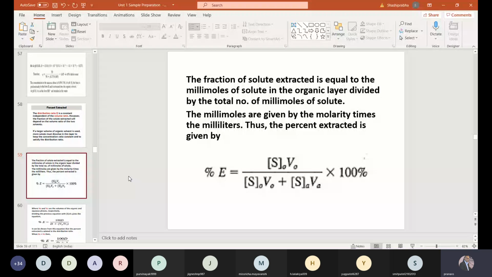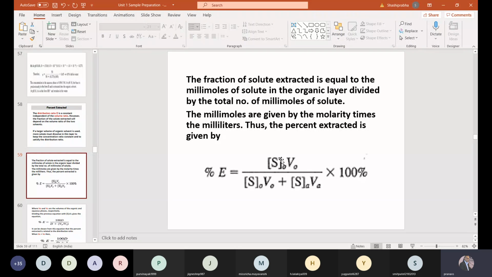And to find this, the fraction of solute extracted is equal to the millimoles of solute in the organic layer divided by the total number of millimoles. Now what this expression tells us is that we have the concentration of the solute in the organic phase, where O stands for organic, and this is the volume.